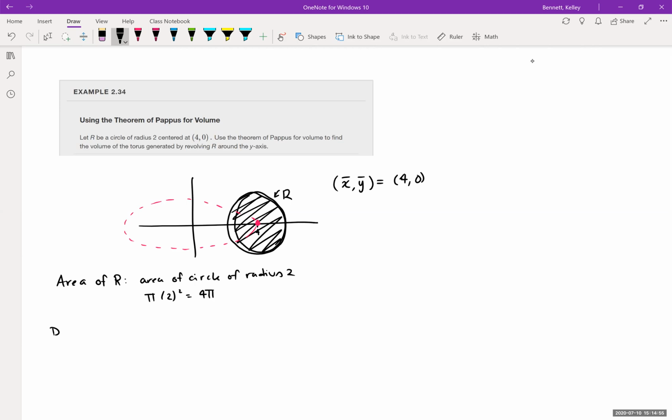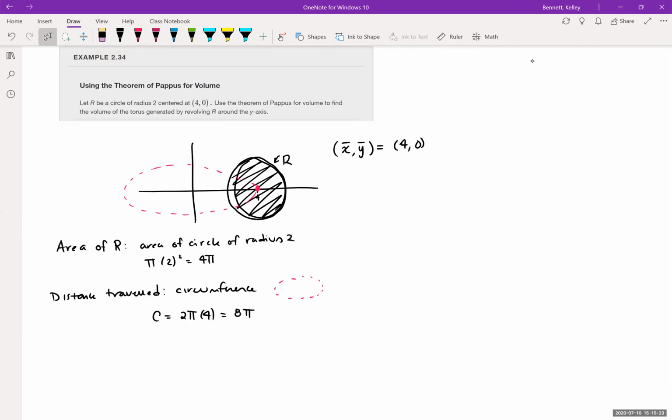And then the distance traveled is the circumference of our pink dotted path. So the circumference is a circle with radius 4. So the circumference is 2 pi times 4, which is just 8 pi.